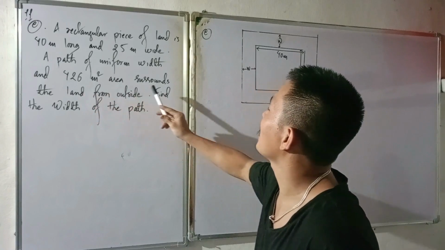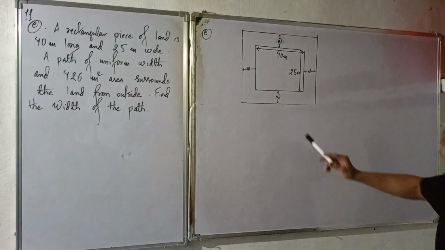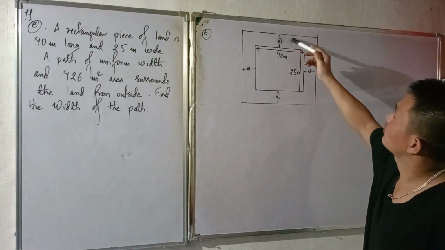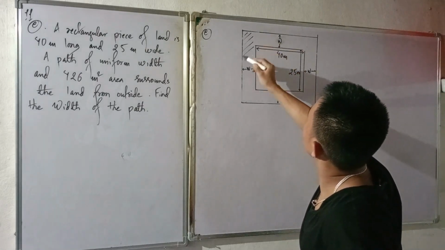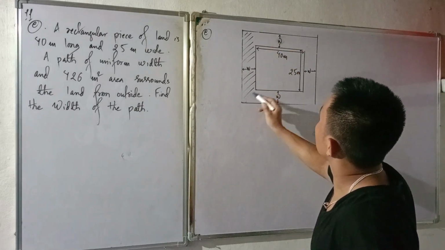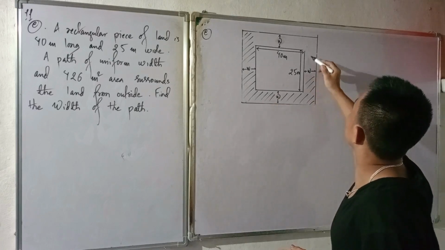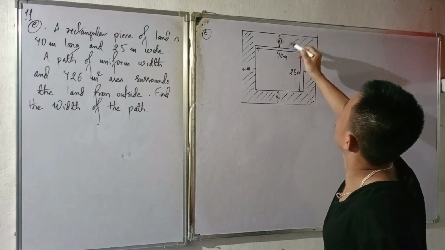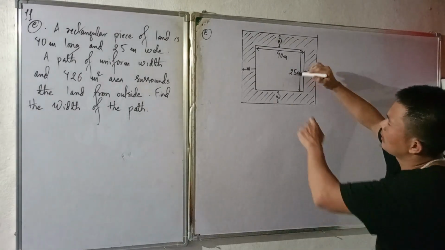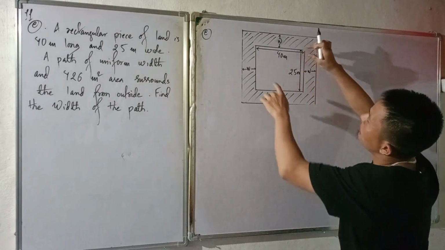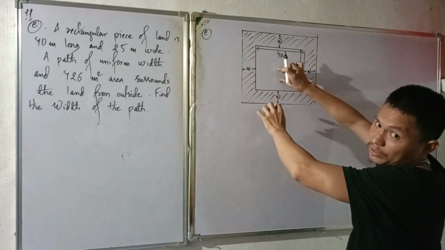426 meter square area that surrounds the land from the outside. Find the width of the path. The part which I have highlighted, this one, is the rectangular piece of land, and this is a path which surrounds this rectangular land.